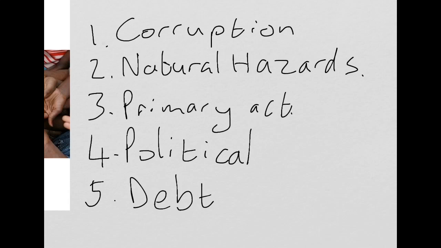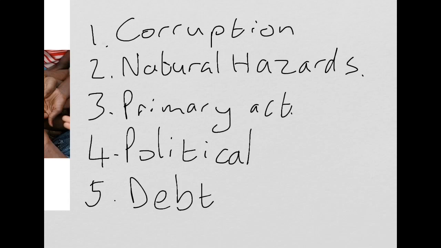So when these LEDCs regained their own political control, they took loans from MEDCs and large banks. For example, Ecuador borrowed $3 billion from the USA in 1970. This was purchased really to improve infrastructure and promote development.